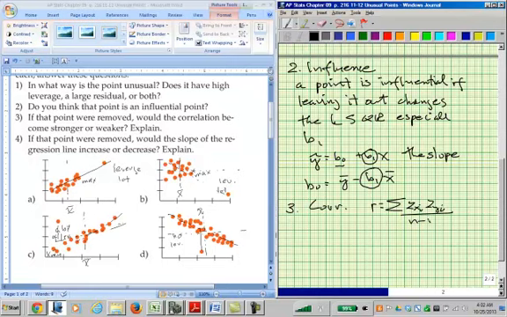Okay, so here in A, you have a point that is in line with the rest of the points and whose x and y coordinates are far apart from x bar and y bar. This point here in the middle, we're going to call it x bar comma y bar.